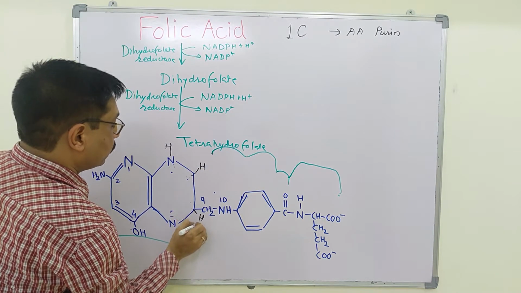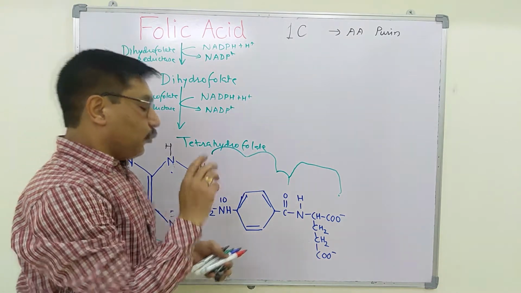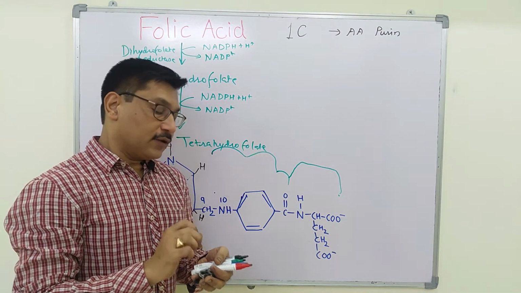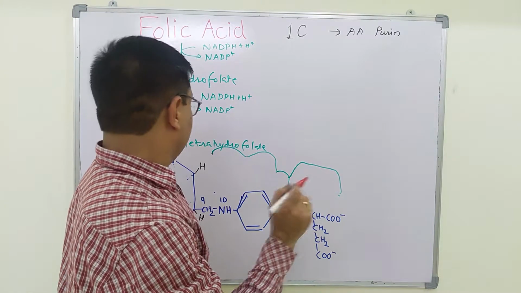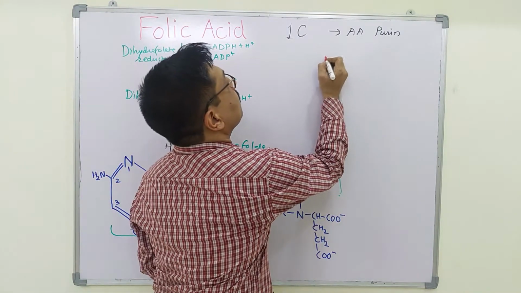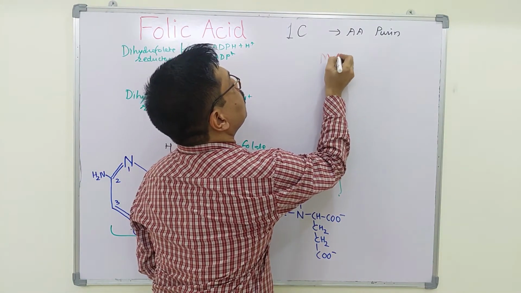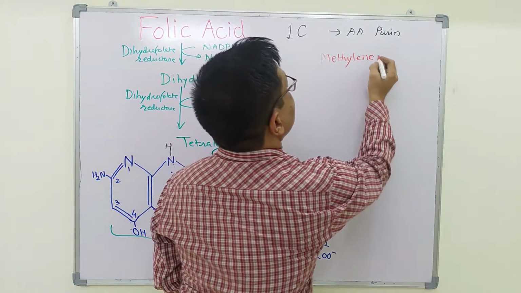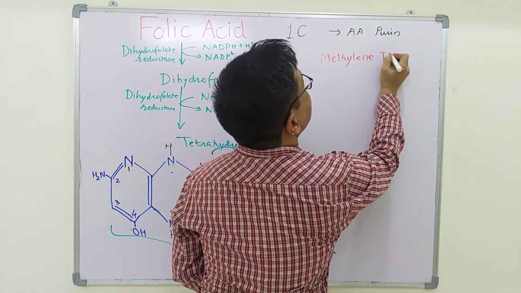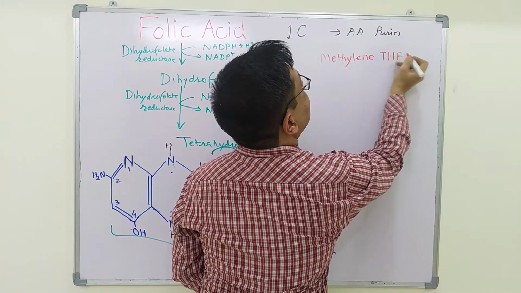there are hydrogen atoms. This folic acid is involved in transport of one carbon, and one carbon units are methylene. So the compound form is tetrahydrofolate.